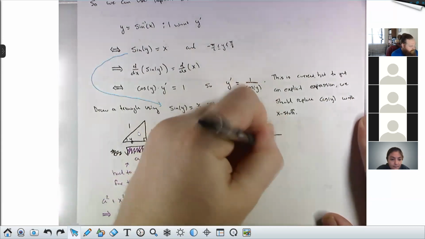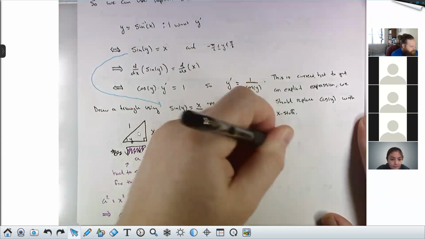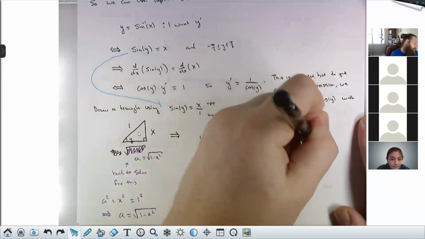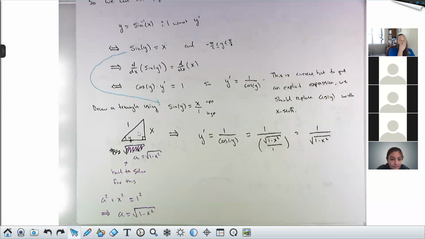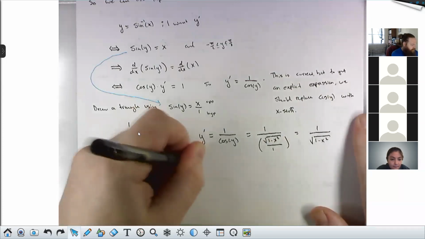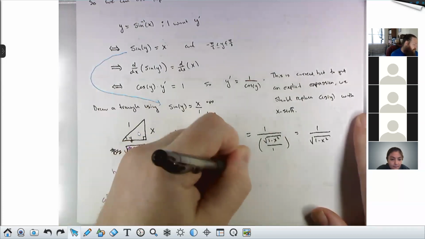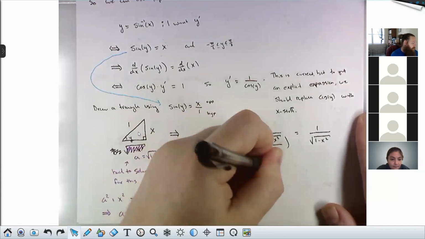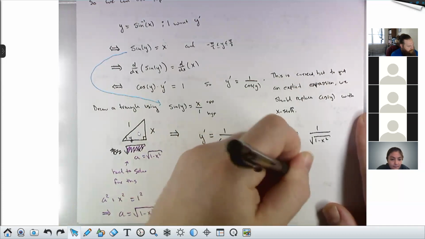So that's the square root of 1 minus x squared over 1, which means y prime is 1 over the square root of 1 minus x squared. In other words, and this is something you should remember forever and ever, amen, it's the first derivative of an inverse trig function that we've learned: the derivative of the inverse sine function is 1 over the square root of 1 minus x squared.